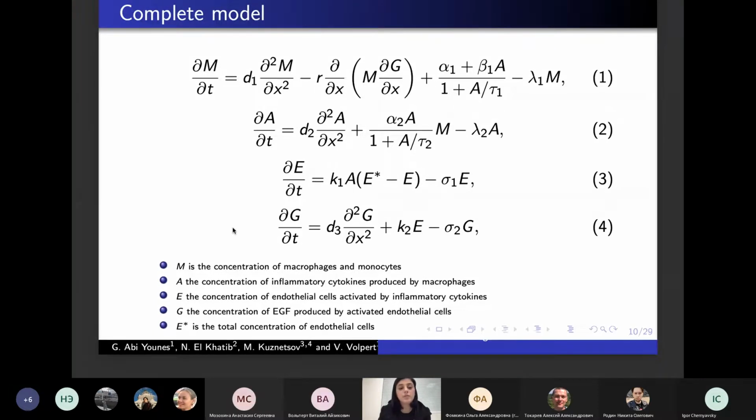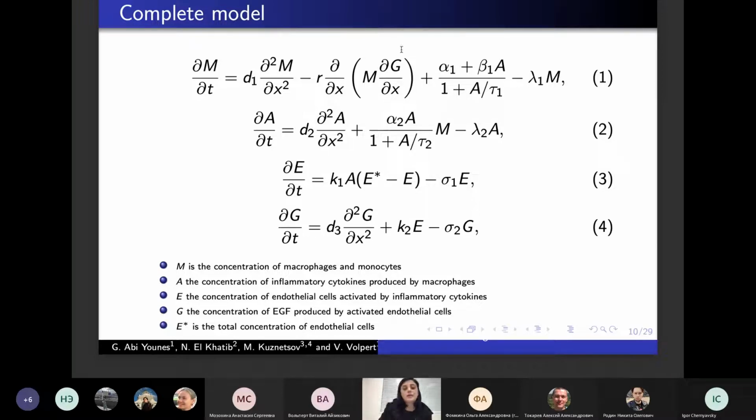Here we model the evolution in time of the concentration of monocytes M, cytokines A, activated endothelial cells E, and EGF G. The first right-hand side terms in equations 1, 2, and 4 are the diffusion terms, and the last right-hand side terms in these equations are the degradation terms.